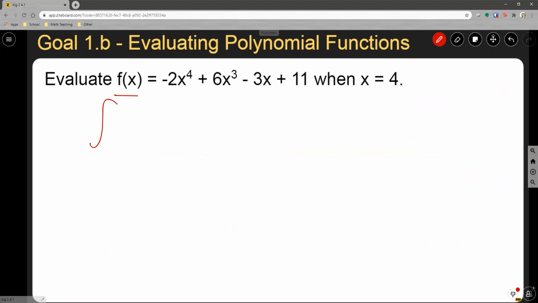So I've got my function f of x, but this function is defined as negative 2x to the fourth plus 6x to the third minus 3x plus 11. But I'm going to evaluate it when x is equal to 4. So everywhere there's an x on the function, I'm just going to replace it with a 4. Oops. Getting ahead of myself. Or rather behind myself, I think.